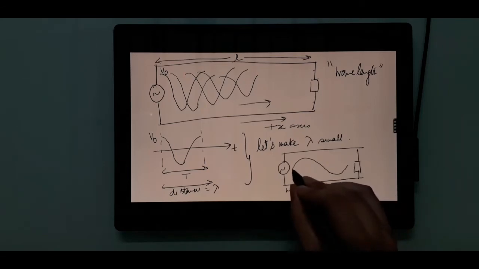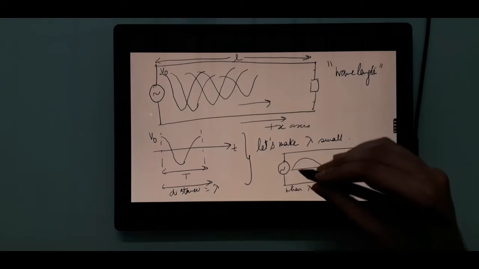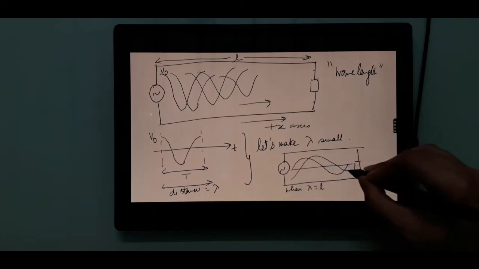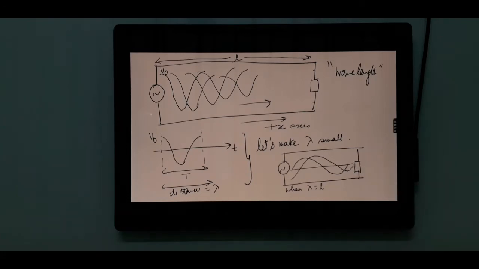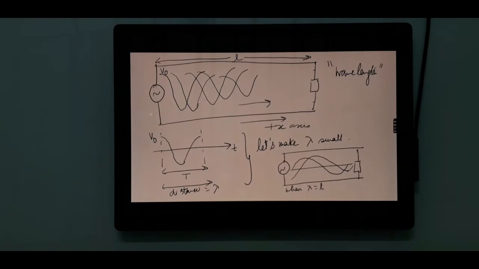So let us say this is at time t equal to 0. Let's say at some other point of time it will be like this. So if we take a photograph of the wave, doesn't mean that I can see the wave, but supposing I were able to see the wave and I take a photograph of it, that means I am freezing time.